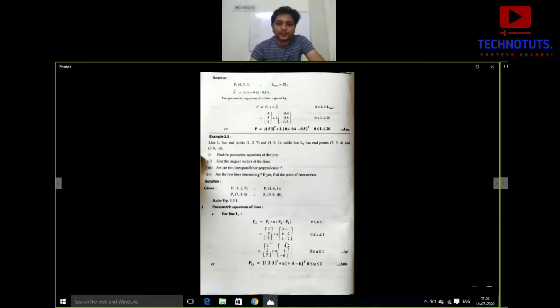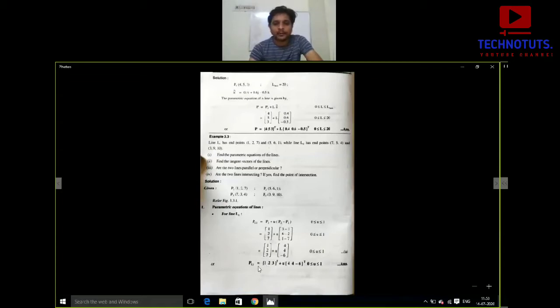Let us solve it. We have obtained P_L1 equal to the vertical matrix (1, 2, 7) plus U into the vertical matrix (4, 4, minus 6), since x2 minus x1 is 4, y2 minus y1 is 4, and z2 minus z1 is minus 6. We can also write this vertical matrix as a horizontal matrix.